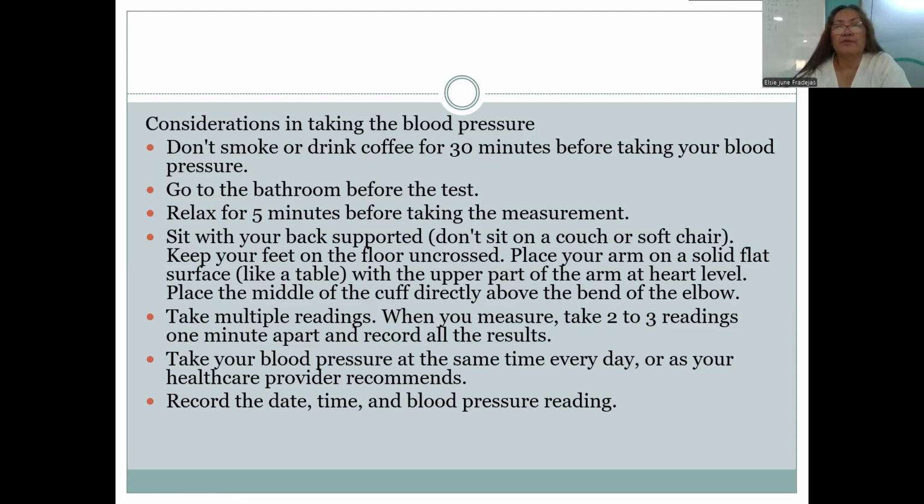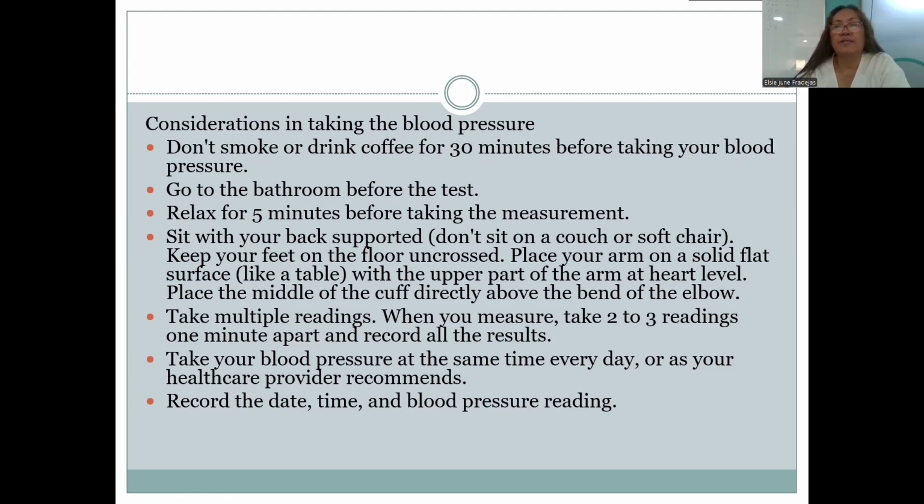Then go to the bathroom to pee before the test to empty your bladder. Then relax for 5 minutes before taking the measurement. This depends on how far the patient walked. Sit with your back supported. Don't sit on a couch or soft chair, and never cross your legs.